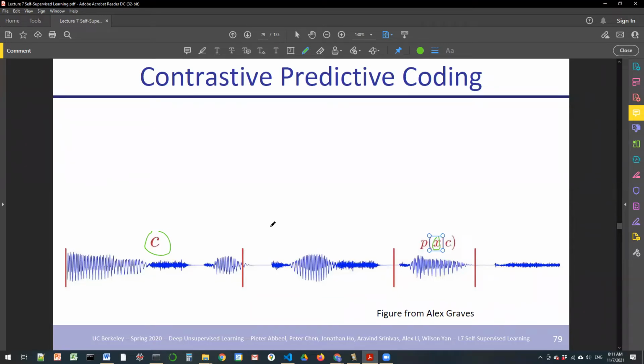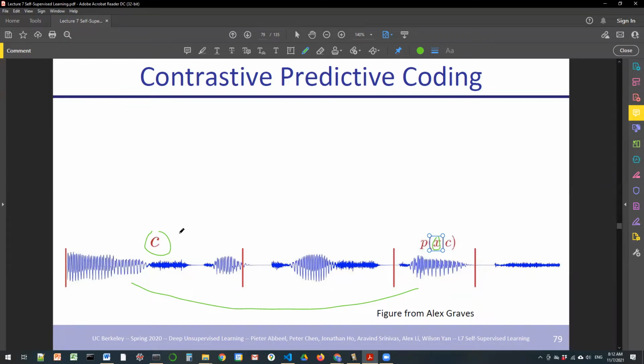But one of the things we do differently in contrastive predictive coding is, instead of actually predicting the real audio signal per se, we encode the context with an encoder and do the same thing for the future audio signal. So take both of these into a latent space and then try to predict the future X from the context, right?